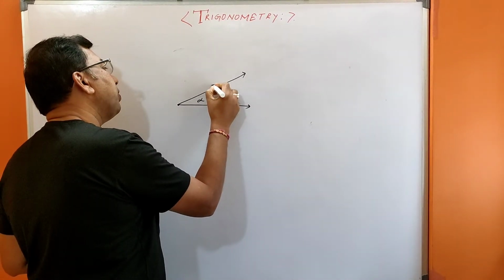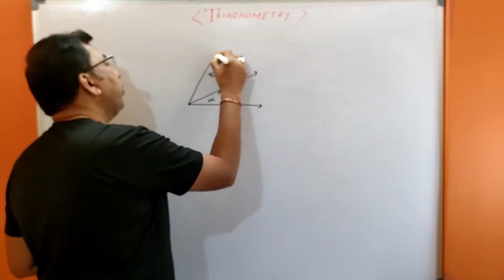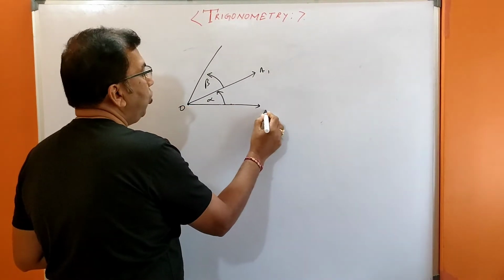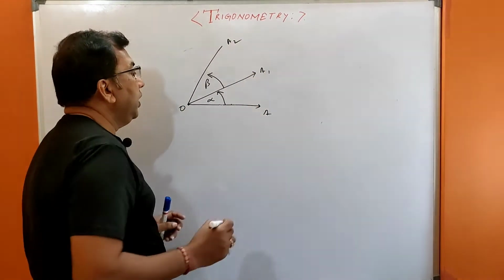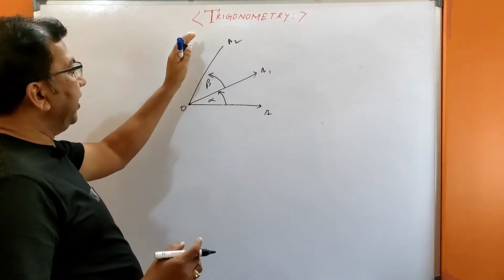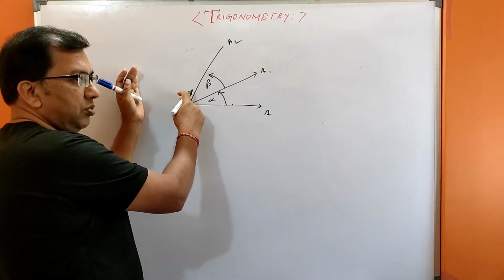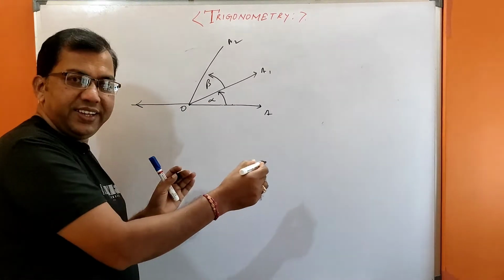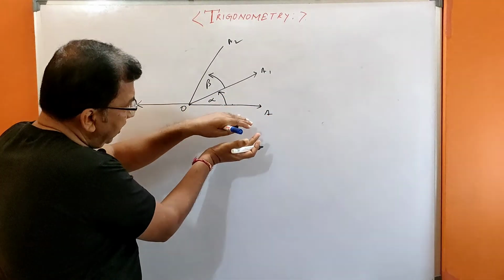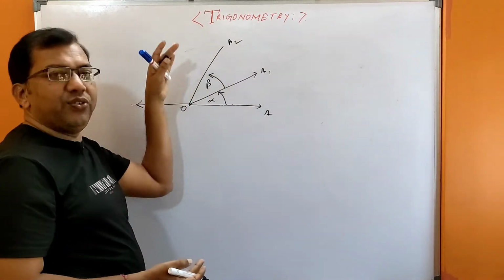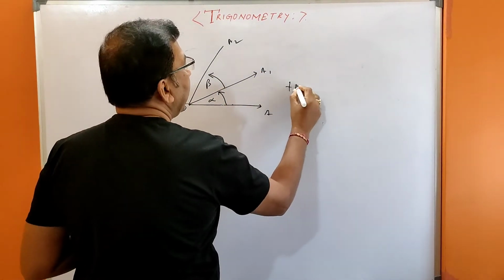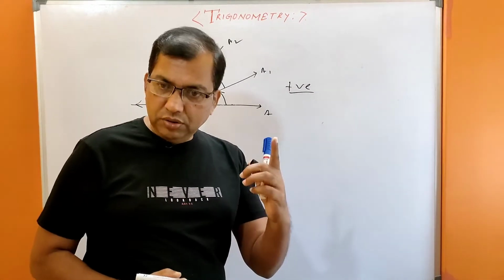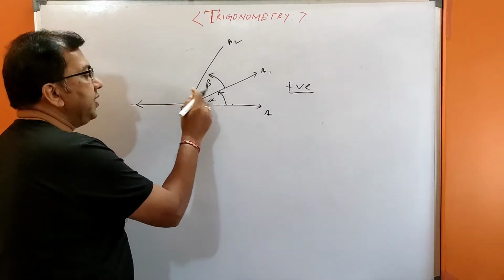And from here it again rotates anti-clockwise and forms beta. It is OA1, OA2. In this way it forms an angle, and when it comes out here, this is 180 degrees. When it rotates in the anti-clockwise direction, it is regarded as a positive angle. Anti-clockwise means positive angle. Sure? Okay. So this is 180 degrees.